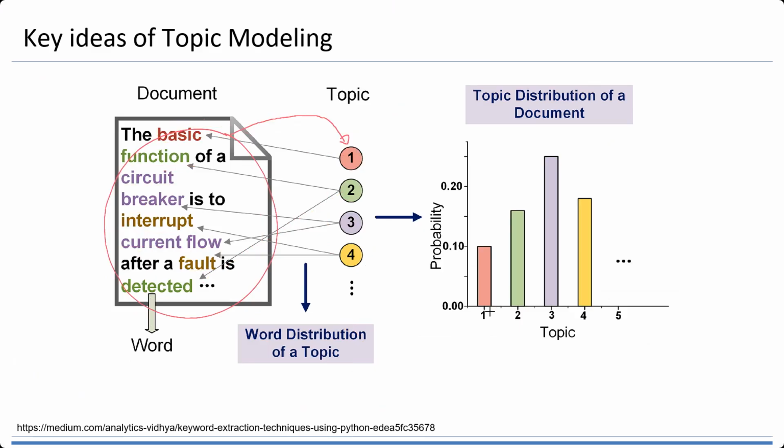How many words are in topic one? How many in topic two? How many in topic three? How many in topic four? And then we can also determine how many of the word basic are in the topic, say how many of the word function are in topic two, and so on. So that's the key idea of topic modeling.